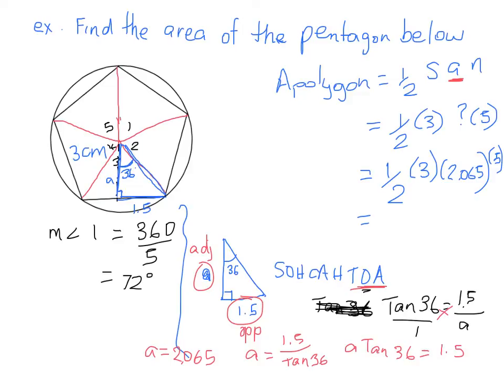A half times 3 times 2.065 times 5, and we get the area of our polygon as 15.49 approximately. So you'd want to use a little approximate sign because that's not exact. And our units are centimeters originally, so then this is centimeters squared. And that's how you find the area of a polygon.